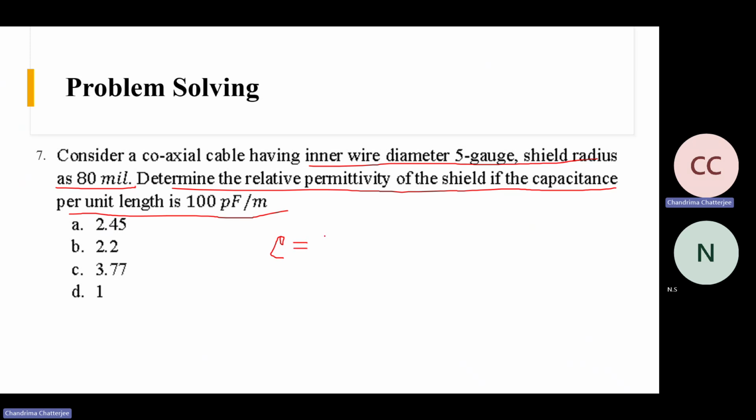What it was? 2 pi epsilon by ln Rs upon Rw.